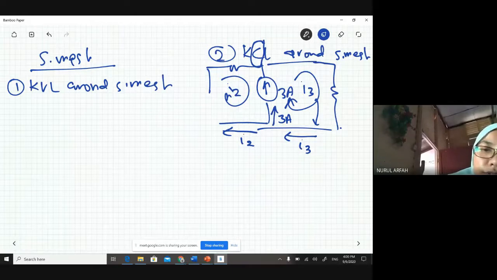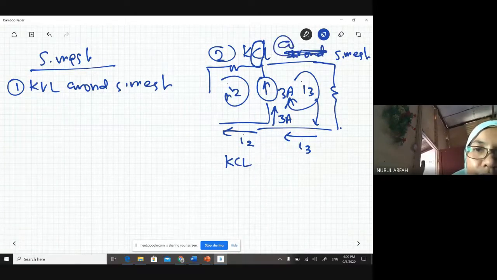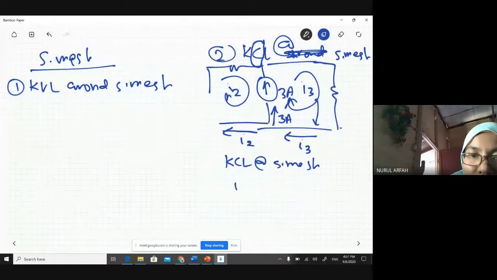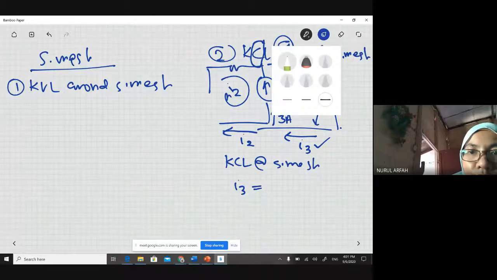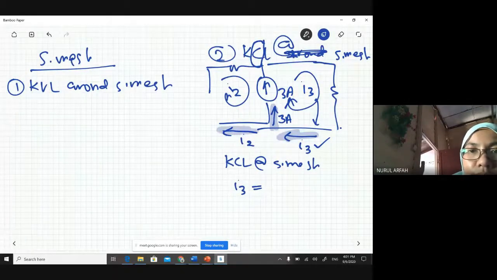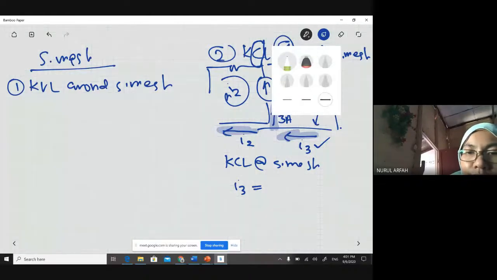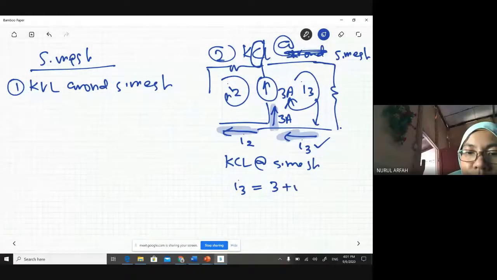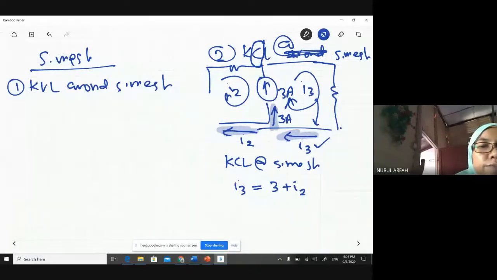So you can do the KCL at the super mesh: current entering, which is I3, equal to the currents leaving, which means 3 amperes minus I2. Yes. Okay, that's number one.